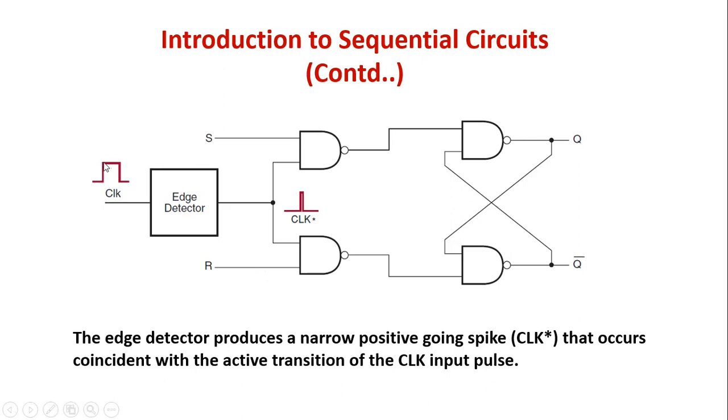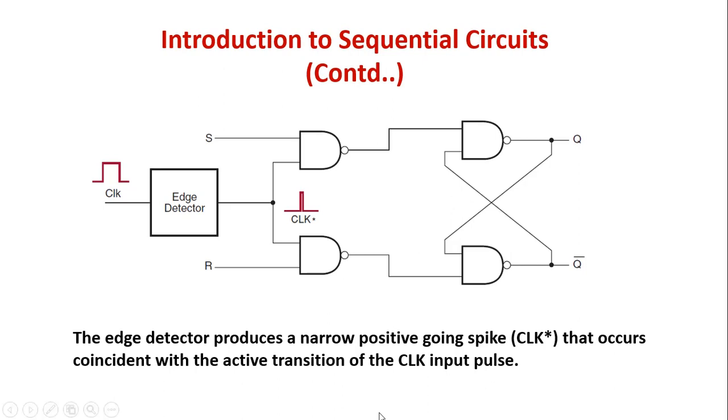Means we are not interested in this complete level either 1 or 0. We are interested in the edges, either 0 to 1 or 1 to 0. So we are using the edge detector for that. Then the steering signal just drives this clock signal to this latch. So what is this edge detector?